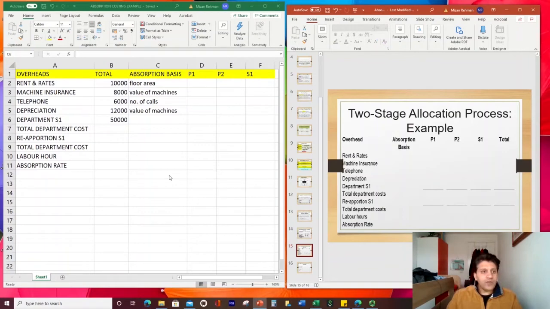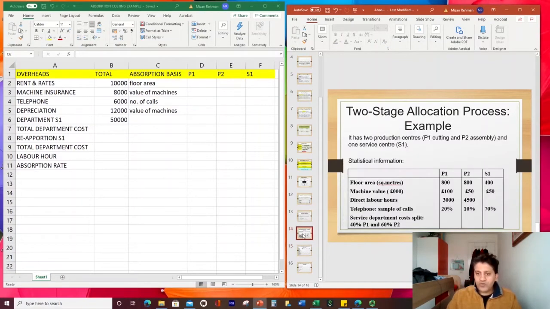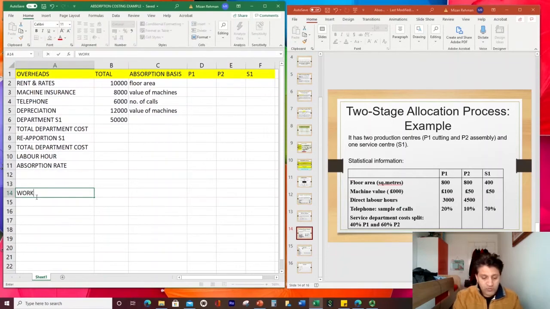The information we need here gives us detail on the floor area and so on. So I'll do some workings here to explain how this common cost would be apportioned. First is rent and rates.